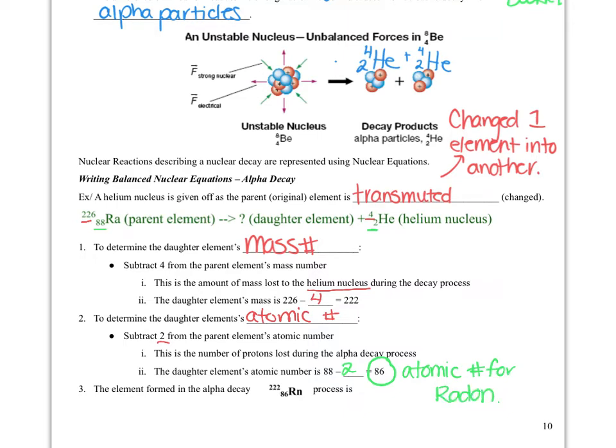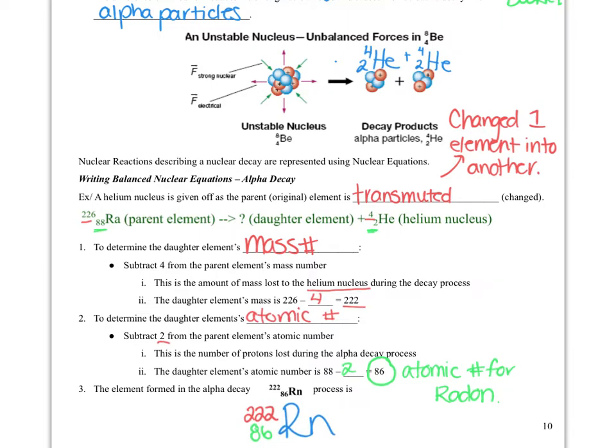So once I've discovered that, I can write this information. So we had 222 from subtracting 4 from 226, and our 86 from subtracting 2 from 88. And then we simply looked up our element, and that was radon.